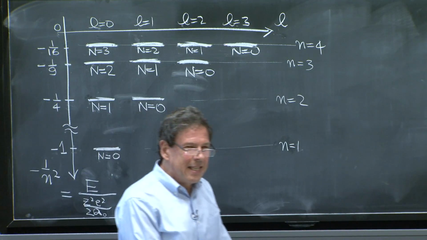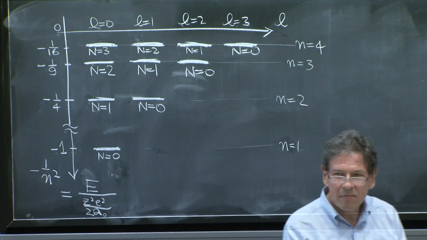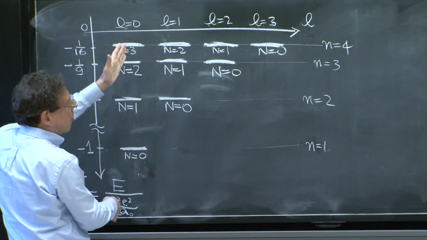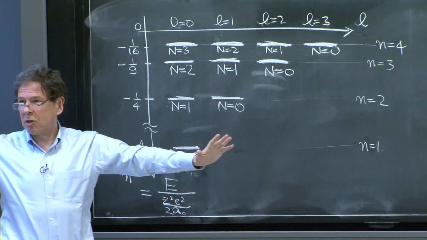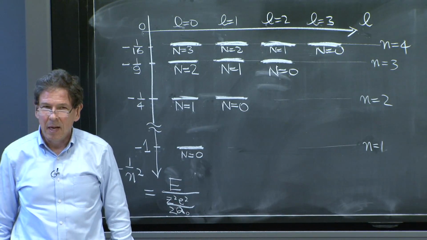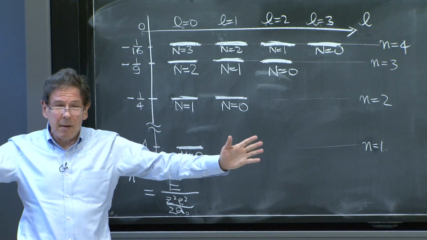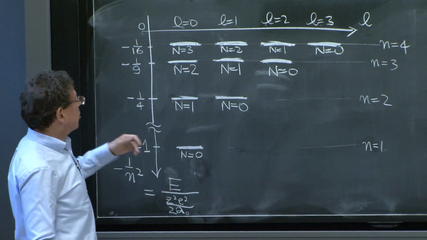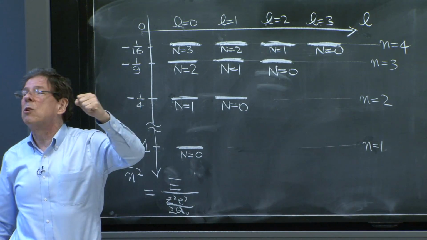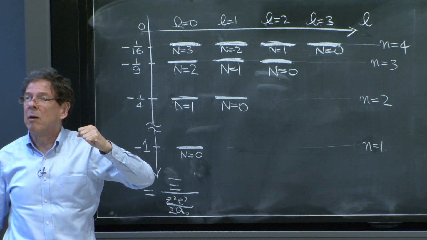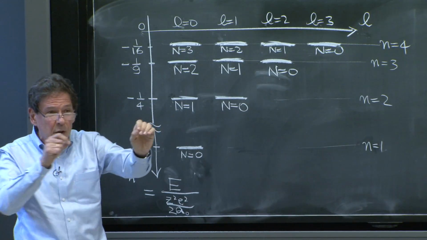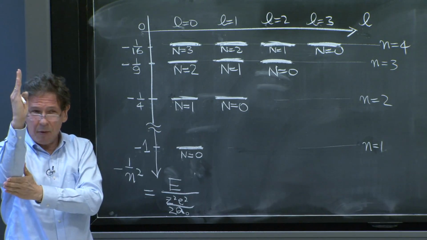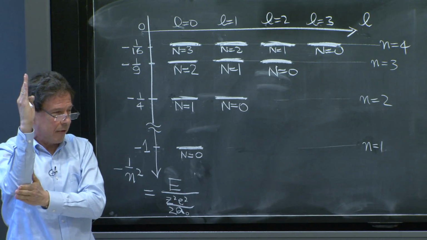Why did that happen? Well, remember that we were solving a radial equation which was like a one-dimensional potential. And if you're solving a one-dimensional potential, the node theorem works. So there should be no nodes for the ground state. And the fact that the wave function vanishes at r equals 0 is not a node, because that's the end of the world at r equals 0.